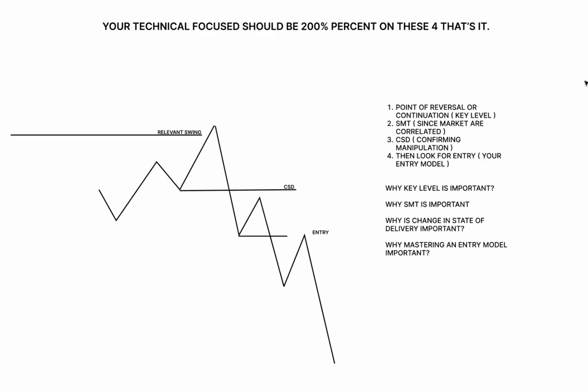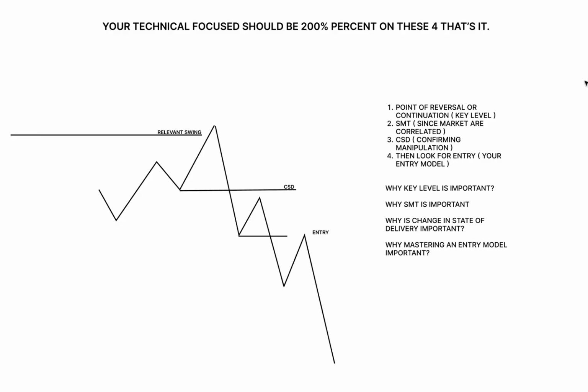That is the only way that you'll see confirmation in price. If you don't see a CSD, you can easily be manipulated by, I don't know, a second manipulation, or price continues higher instead of reversing, right?